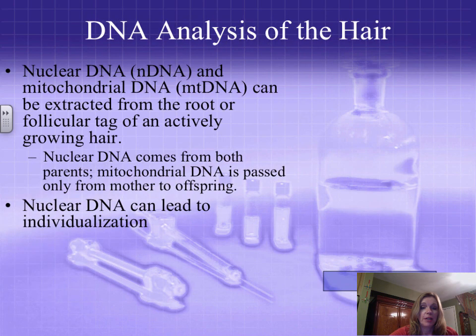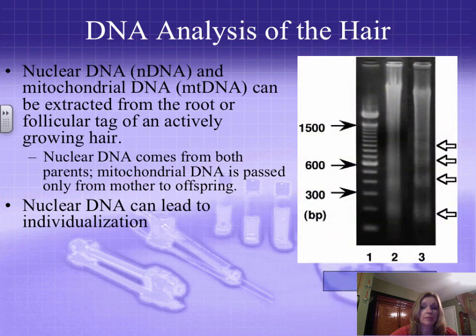So the DNA analysis of the hair, when we talk about DNA analysis, we usually take it for granted that we mean nuclear DNA and not mitochondrial DNA, although we can get mitochondrial DNA from hair. So what's the difference?